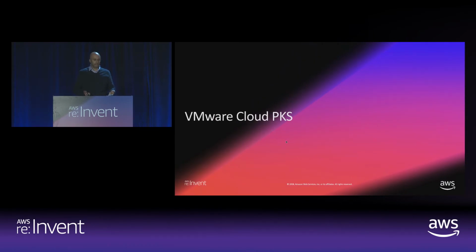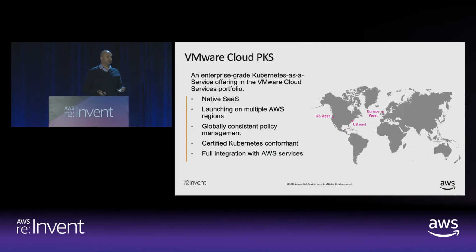So now let's talk a little bit about our second offering, which is VMware Cloud PKS. VMware Cloud PKS is a SaaS-based service. What that means is you effectively come to VMware, cloud.vmware.com, log in, put your credit card in, and you get access to the service that allows you to effectively point it to different Amazon locations, or regions.